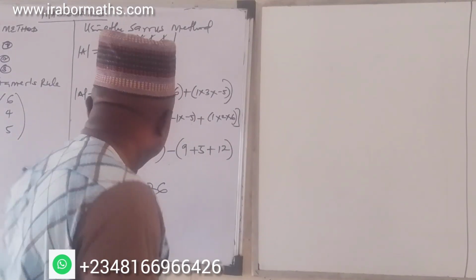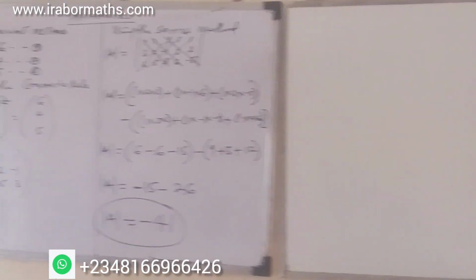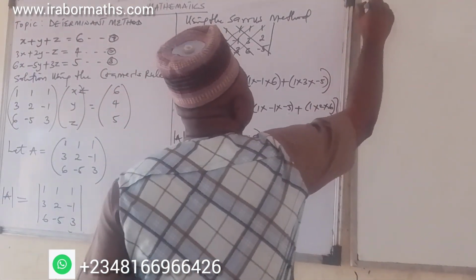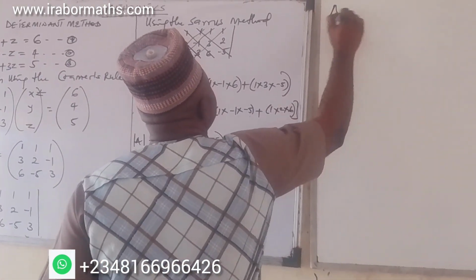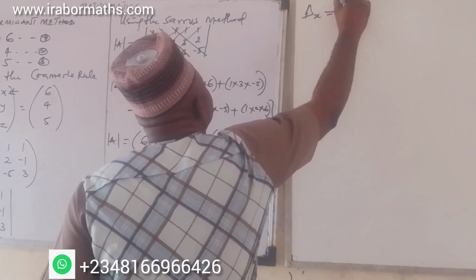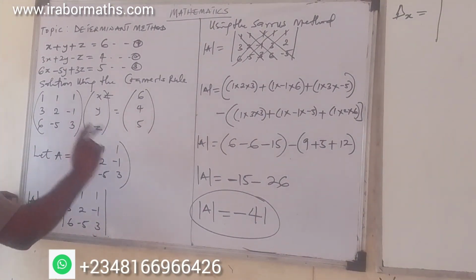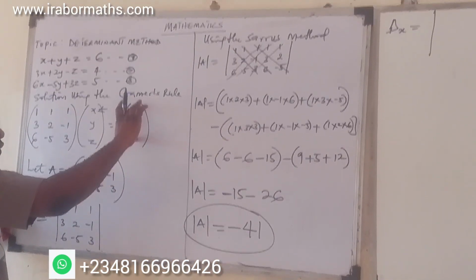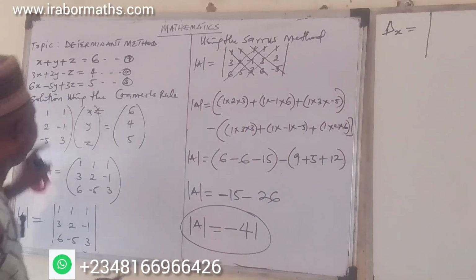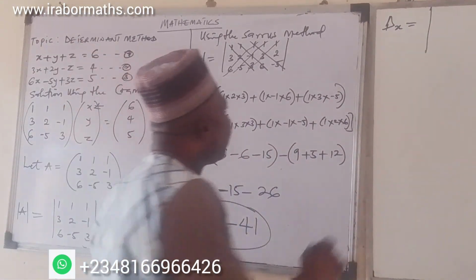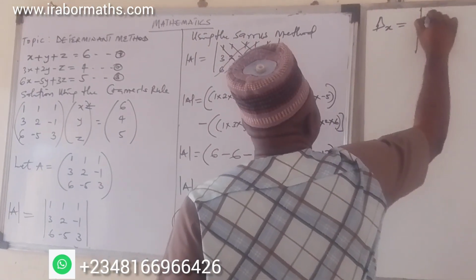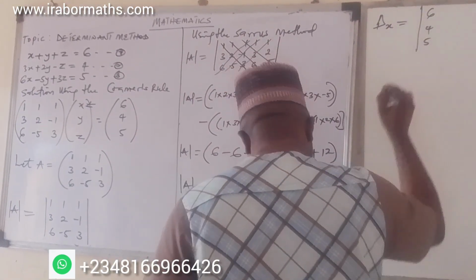Okay, now let's see the determinant of X. So the determinant of X now will be equal to the determinant of, now since X is the first variable here, this will actually take the first position, the first column. So here we have 6, 4, 5.